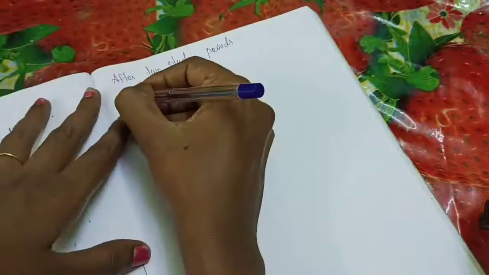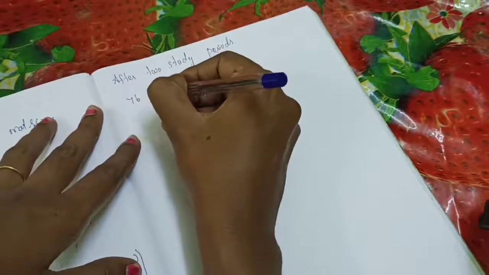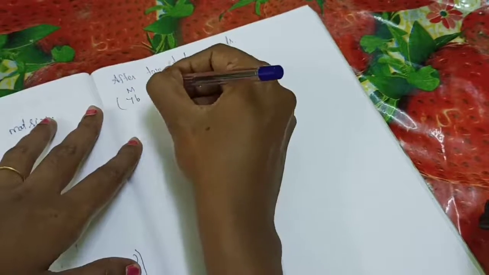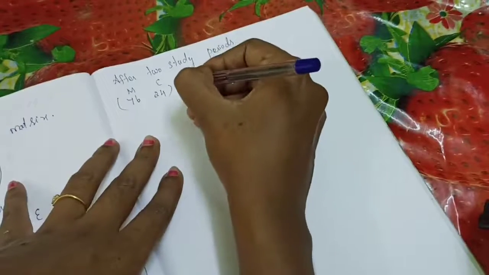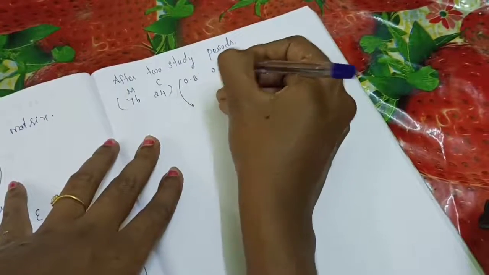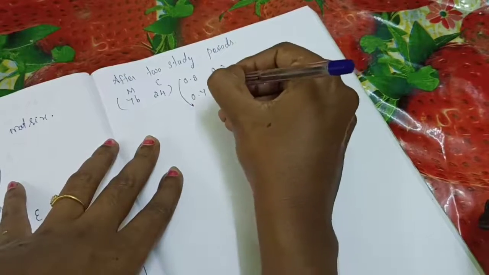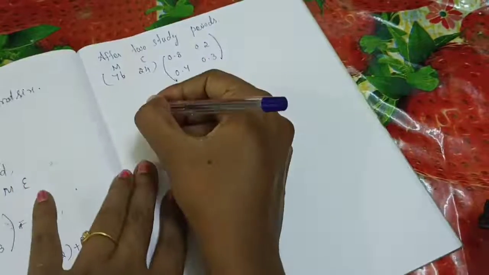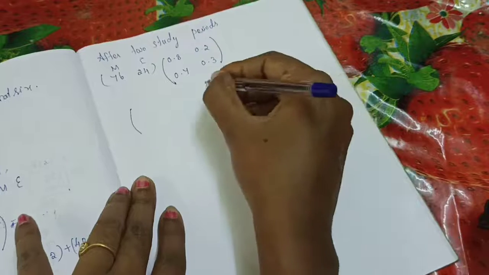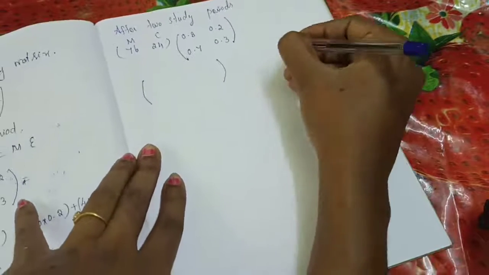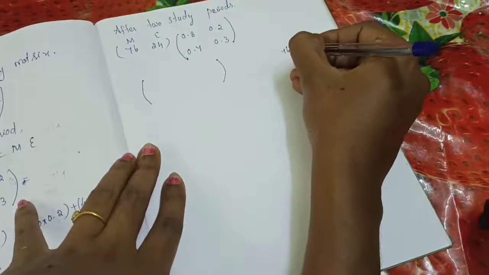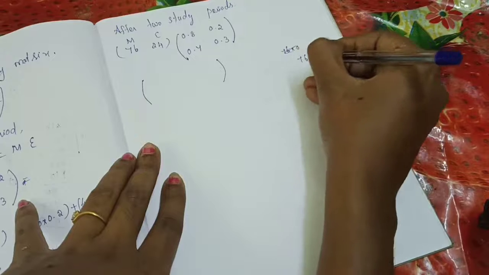What's the value? 76, 24. This is M value, this is E, that is M into T. Transition matrix 0.8, 0.2, 0.7, 0.3. It is somewhat difficult, so multiply separately and write. 76 into 0.8, that is 76 into 8 you multiply.